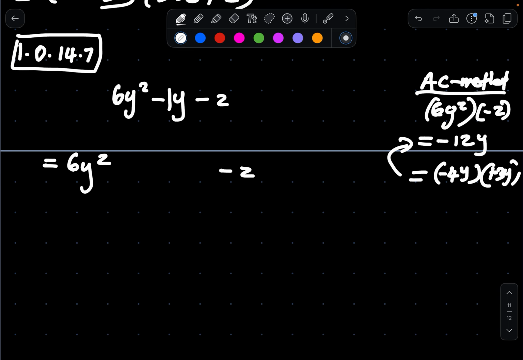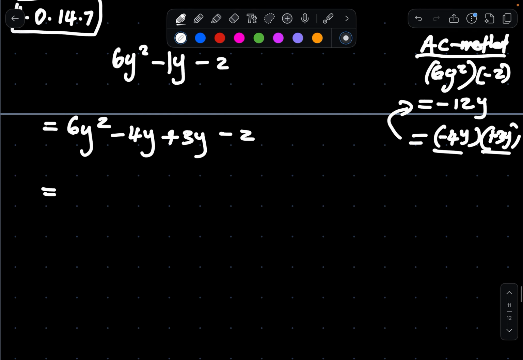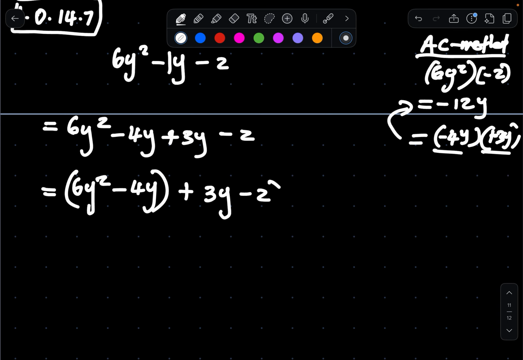The middle term, you replace it by those terms, which is minus 4y plus 3y. Now we group them. It's going to be 6y squared minus 4y in the first bracket plus 3y minus 2 in the second bracket. And you must make it a norm to always check this one times that.